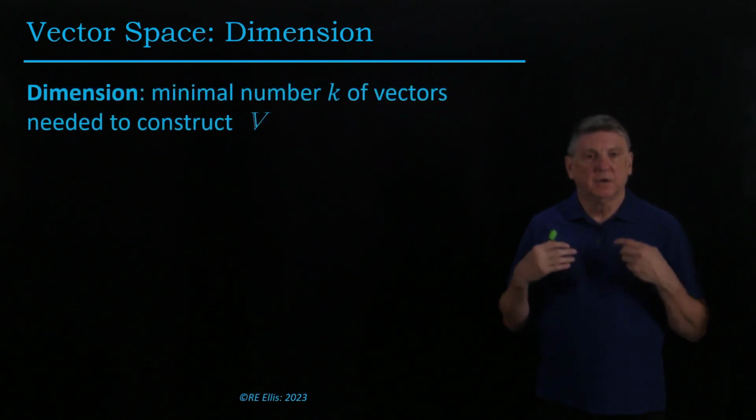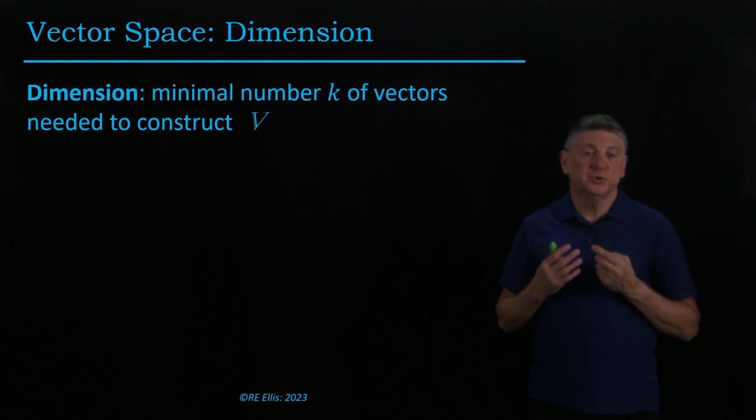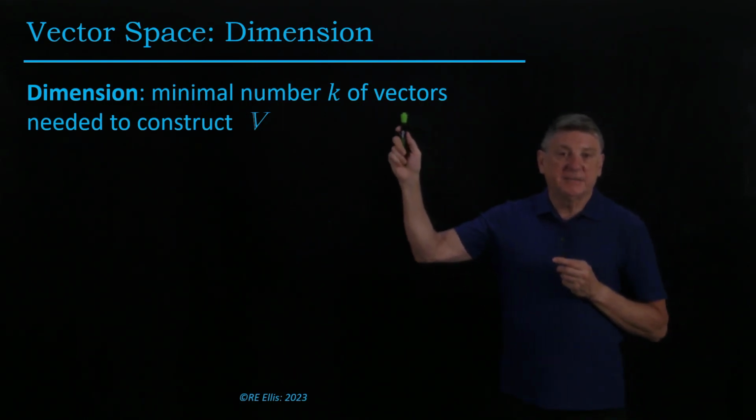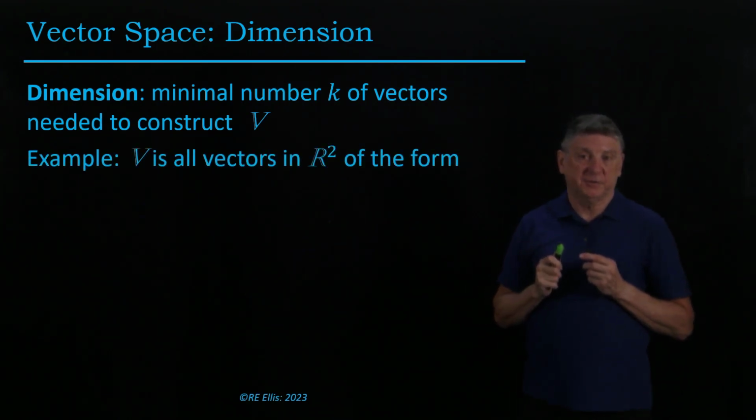So dimension. For us, the dimension refers to a vector space. It doesn't refer to the number of entries each vector has. So a dimension is the minimal number of vectors you need to construct your vector space.